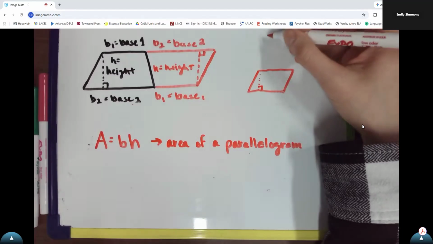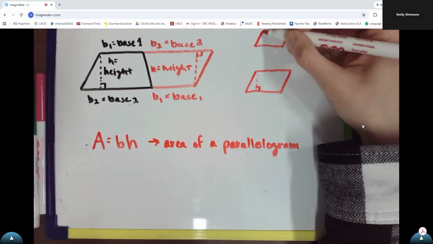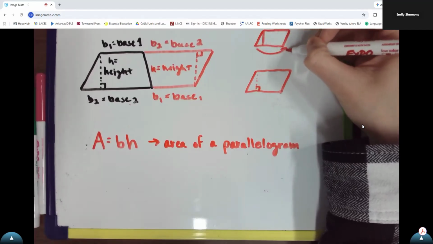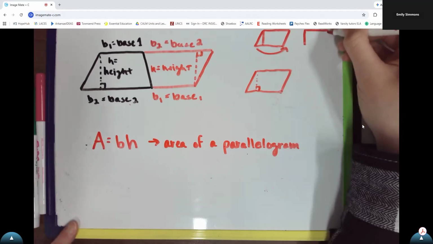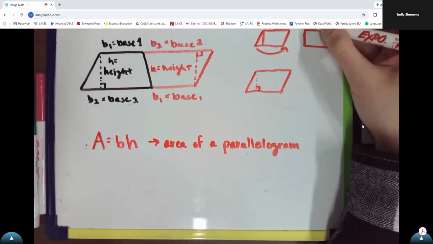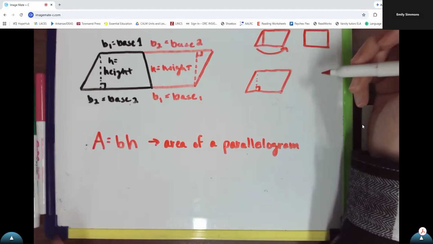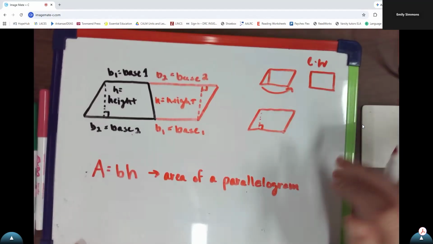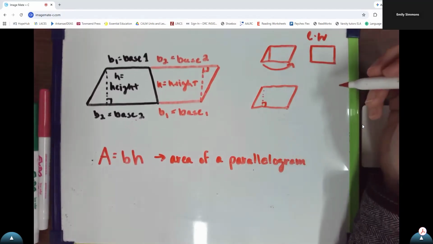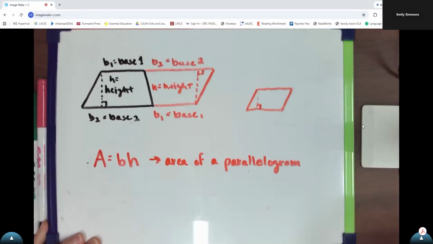And part of why that works is if I took my parallelogram and cut this little extra piece off here and moved it to here, my shape turns into just a rectangle. And the rectangular formula is length times width, which is also the same thing as base times height. So the parallelogram formula is area is base times height.